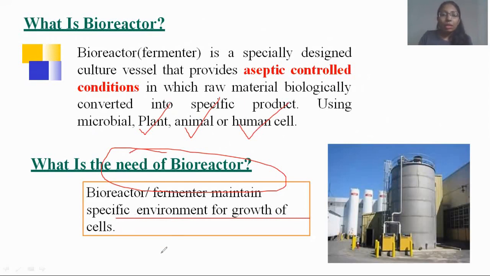For example, if you want to maintain a pH of 7.4 in that reactor, there are control systems which will make sure the pH remains 7.4, because the strain you are using for the production of a certain product will work efficiently only at the optimum pH of 7.4. So that task is done by the bioreactor.